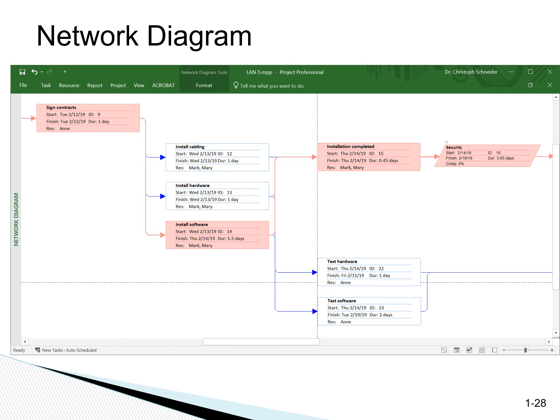The critical path is critical for the project manager to be aware of, because any delay on those tasks would delay the project, because there is no slack for those tasks.